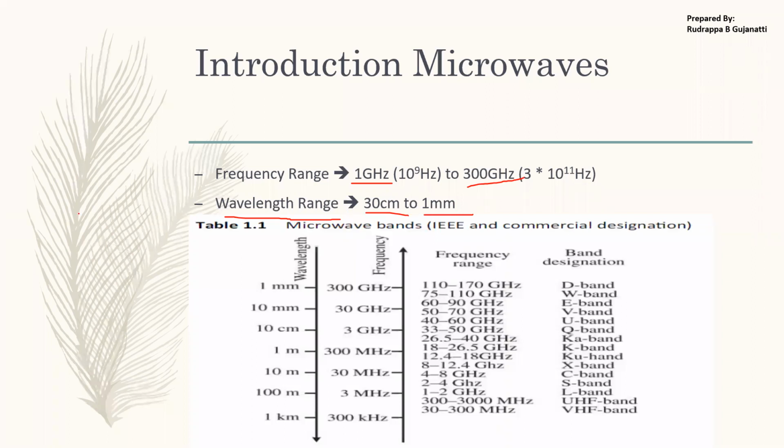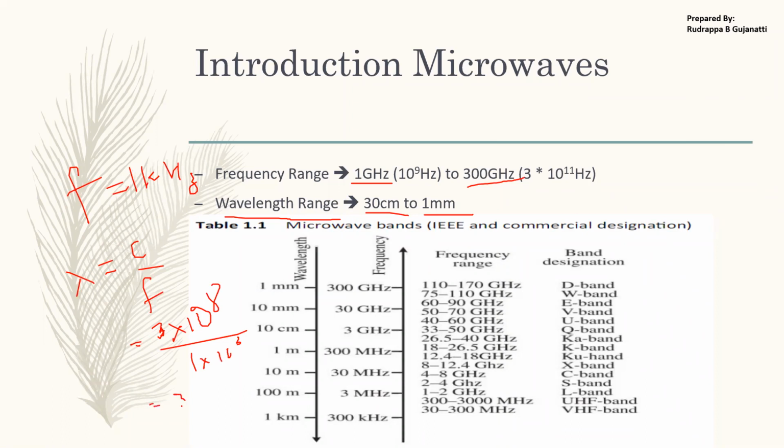Now, for example, if you consider a frequency of 1 kilohertz, which is not in the megahertz range, you have lambda, which is given by c by f. So here it will be 3 into 10 raised to 8 meters per second divided by 1 into 10 raised to 3.